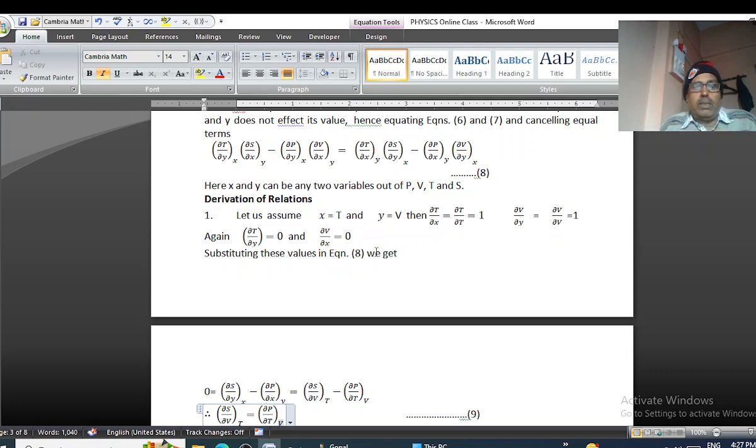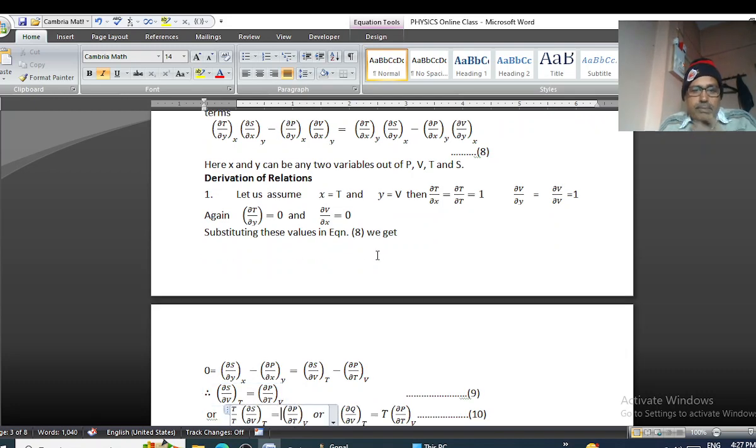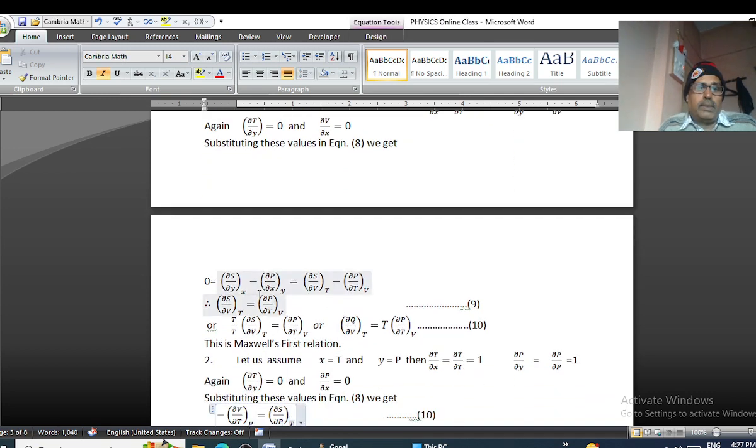Substituting these values in equation 8, we get 0, ∂S/∂y is equal to minus ∂P/∂x, ∂S/∂V, ∂P/∂T. Therefore (∂S/∂V) at constant T is equal to (∂P/∂T) at constant V. Why? Because you can see here this term ∂V/∂x is equal to 0, ∂T/∂y is equal to 0.